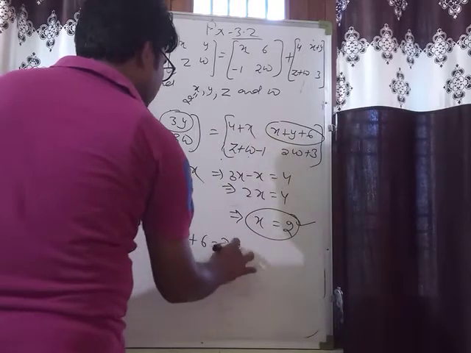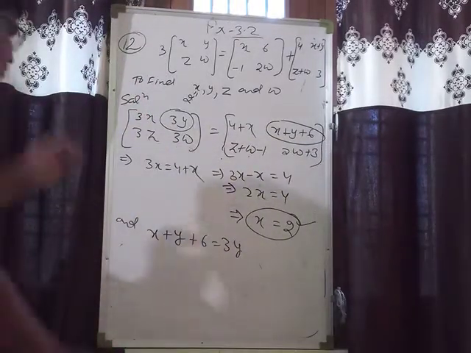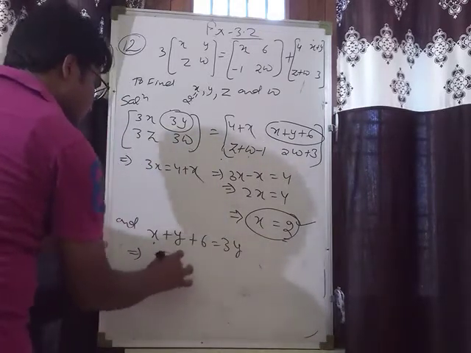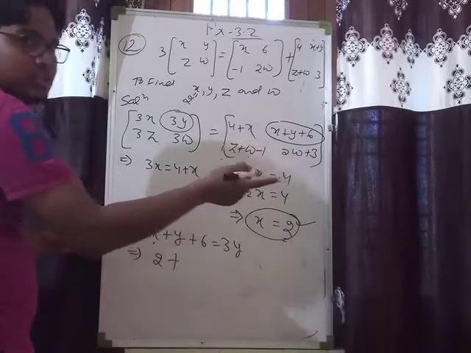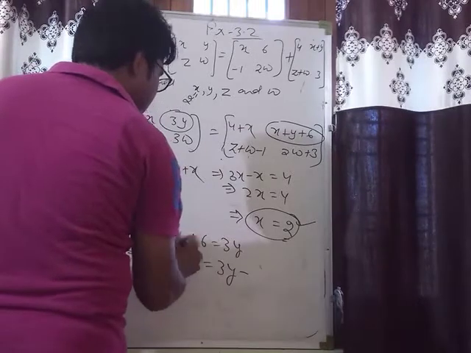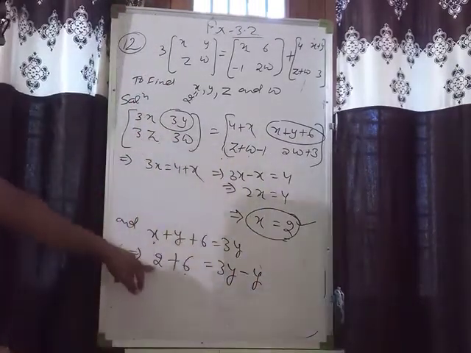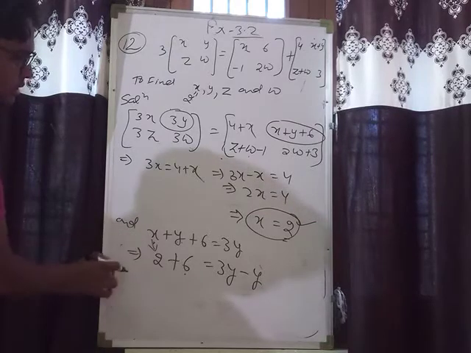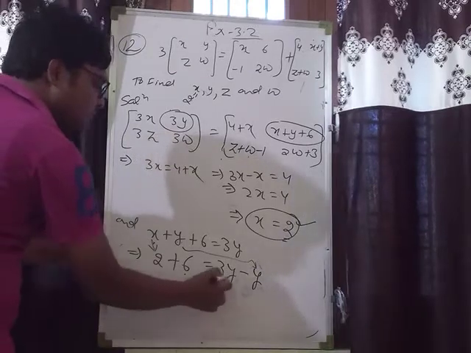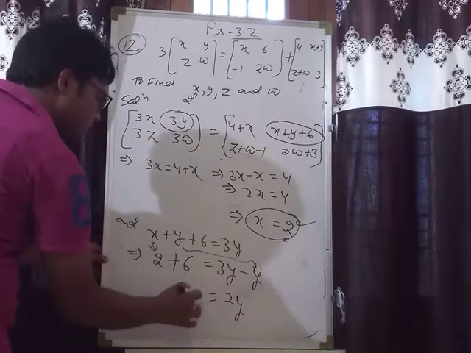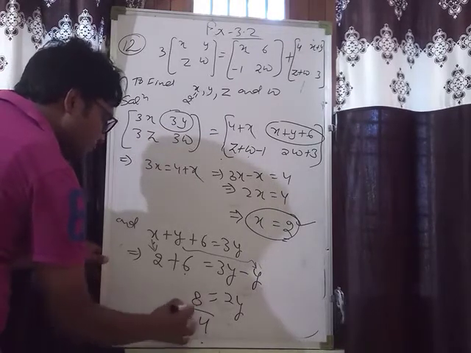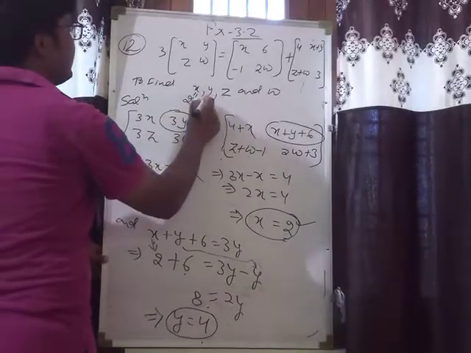Put the value of x, which is 2, and y is transferred to the right side, and this is 6. So right side is 3y minus y, that is 2y, and left side is 8. So y is equal to 8 divided by 2, that is 4. So y is 4.